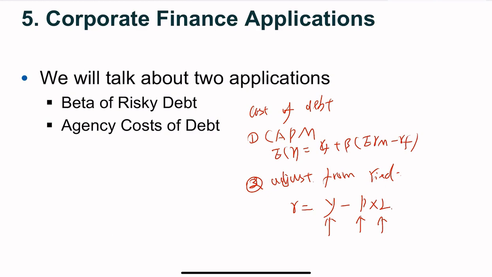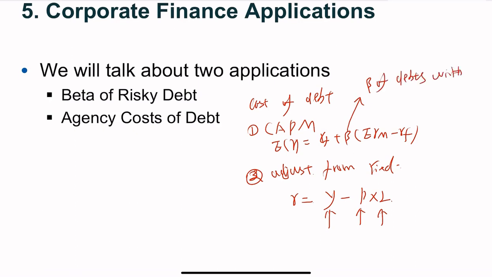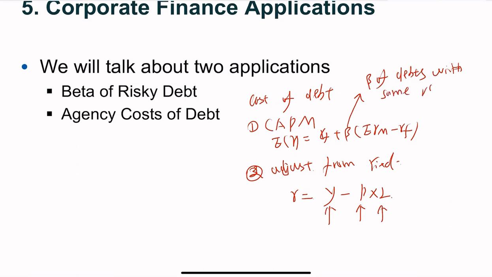But the caveat for debt is when you're using CAPM, you will not use the debt's own beta. The beta is actually the beta of debt with the same ratings, right? So for example, if you're trying to calculate the cost of debt for Apple, you will not use the beta for Apple's debt.